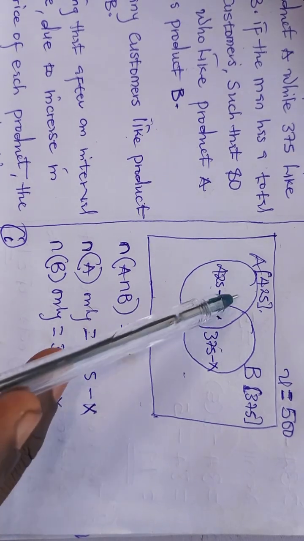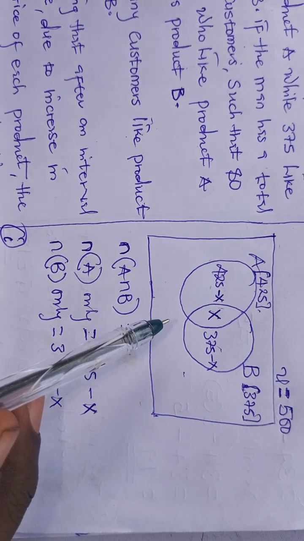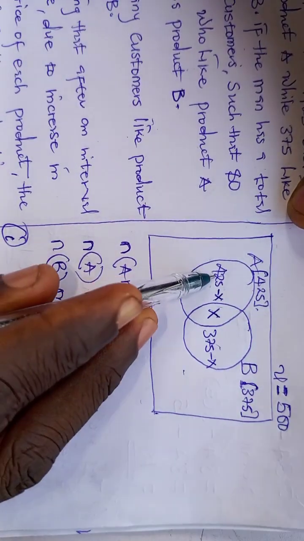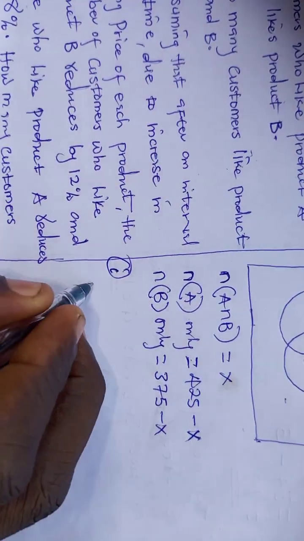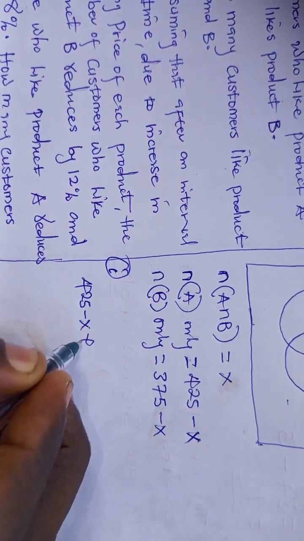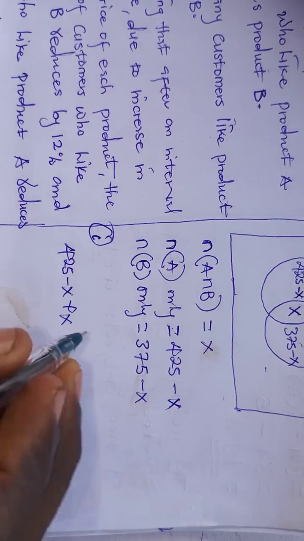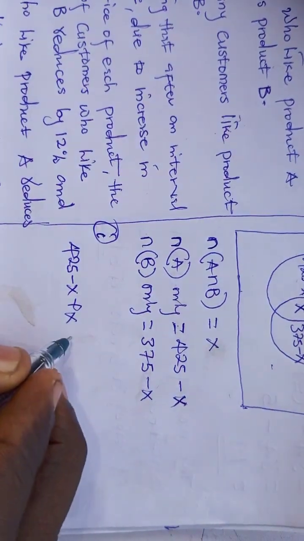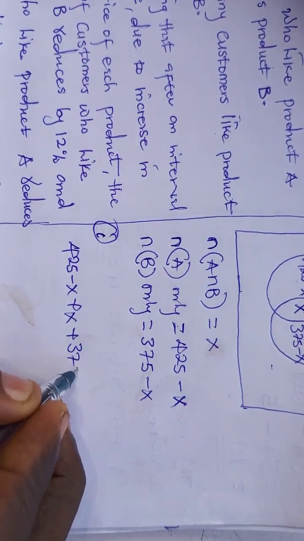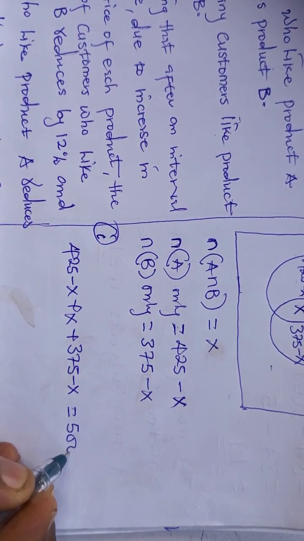with the data we've entered in the Venn diagram, we are going to have 425 minus x plus x, then plus 375 minus x, then we equate it to the universal set.